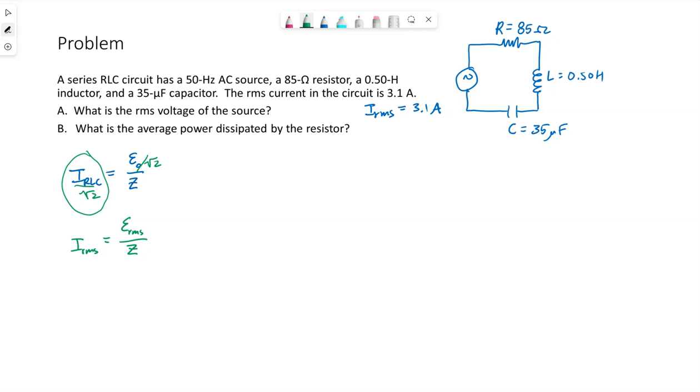So we can use the same relationship as long as both current and voltage are RMS.